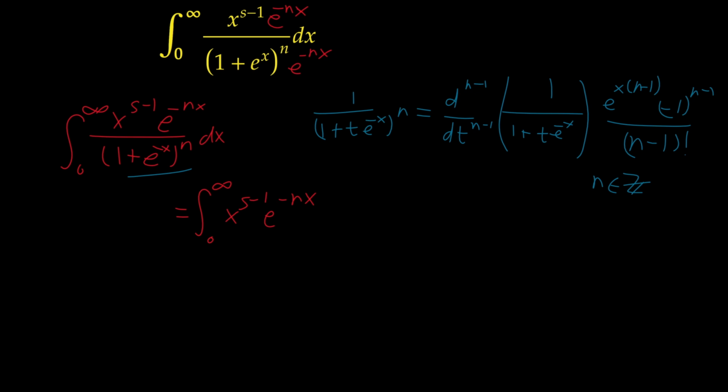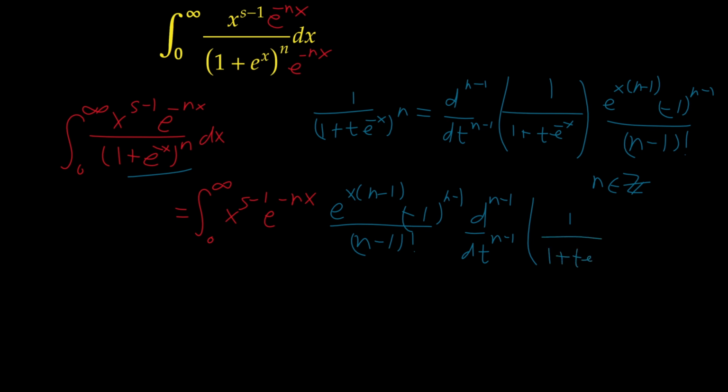So we have our e to the x (n minus 1), negative 1 to the n minus 1 over n minus 1 factorial, and then times our derivative, to the n minus 1, of 1 over 1 plus t e to the minus x, and then our dx at the end.